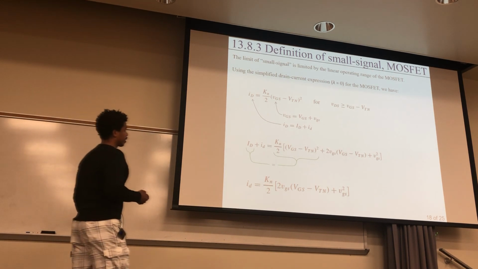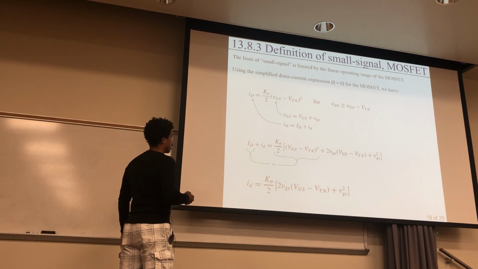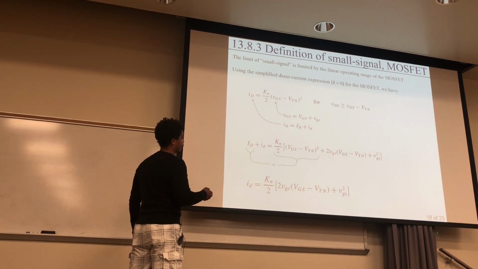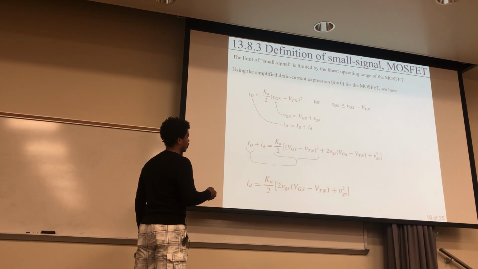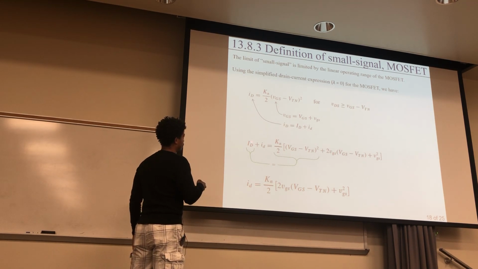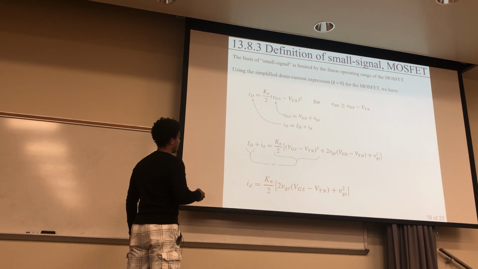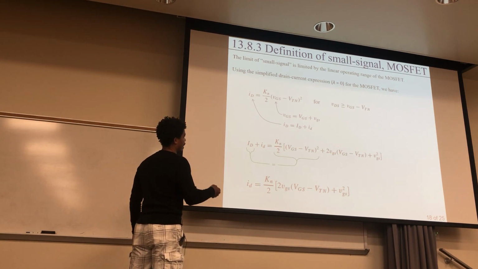What you can look at is this right here, which is DC, and these right here are also DC. This right here varies with your small signal. These two pieces are the same, so they're equal, and you can get rid of that. Then you're just left with this ID times this factored into this expression.